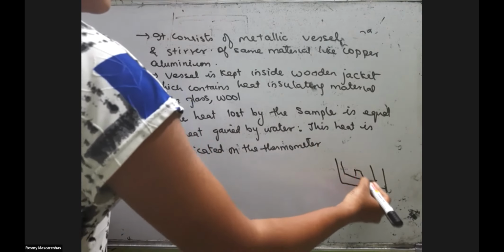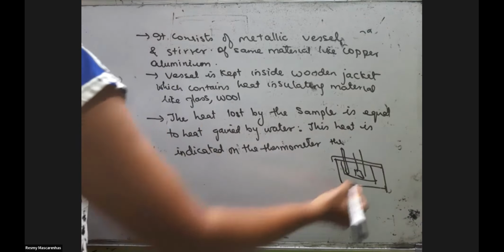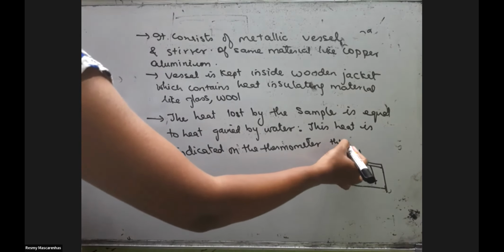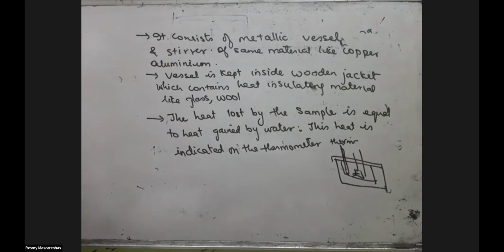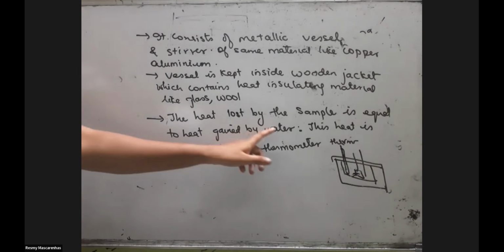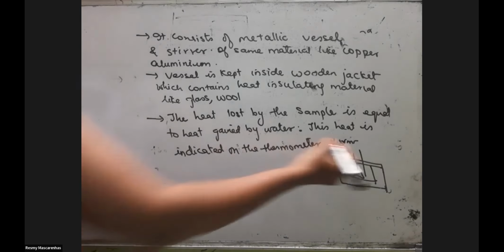There was a sample, there was a stirrer, this was closed, and this is a thermometer. Whatever is going to the water will show on the thermometer. So if it is giving out 5 degrees, this will show a 5 degree rise. That's how you can calculate how much heat is there inside the object. Instead of water, you can use any other reference also, depending on the calorimeter. This is a stirrer.